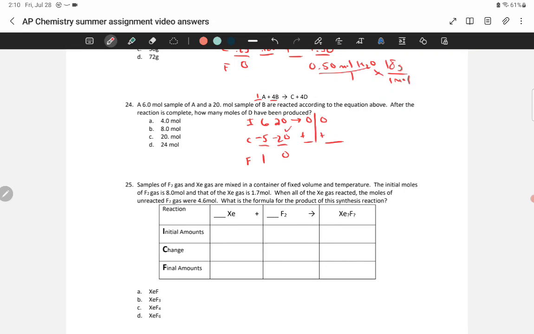And again, we're only interested in what's going on with the D. So I'm just going to worry about that. So it's a 4 to 4 ratio. So if I put 20 for B, I better put 20 for D. So 0 plus 20 is 20. Okay.